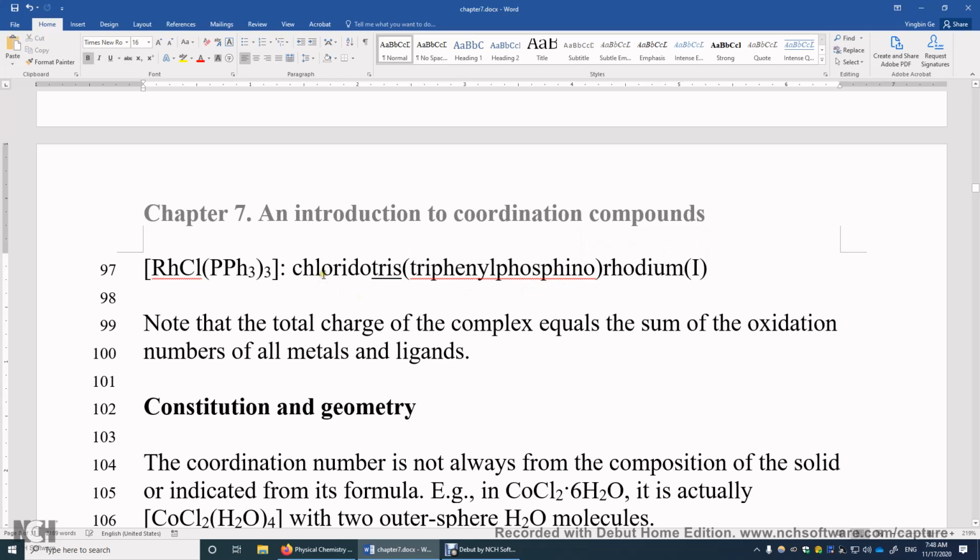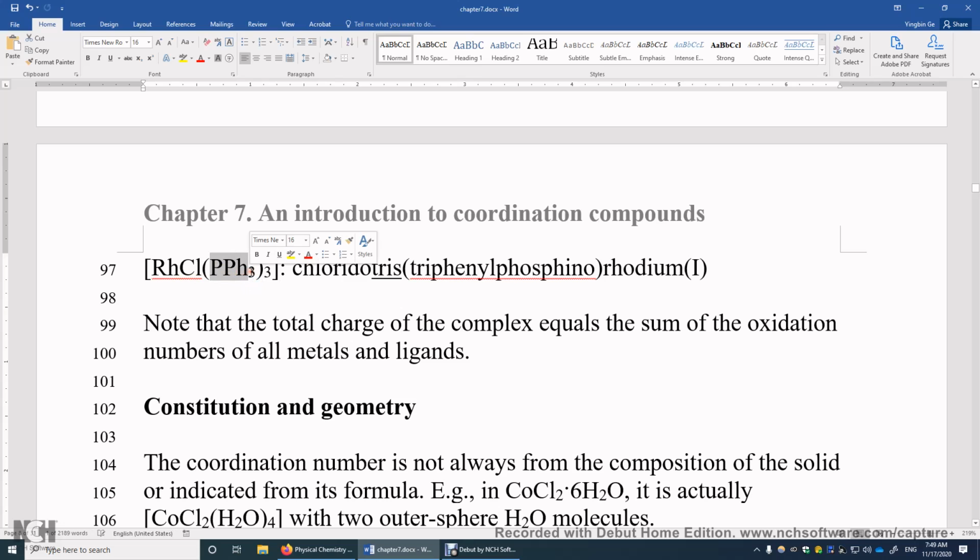So it's going to be chlorido, tris, triphenylphosphino. Overall, the charge is 0 because I didn't put 1 plus or 2 minus here. When no charge is specified, you may assume it's neutral. When it's neutral, you'll have to look at the charges of the ligands.